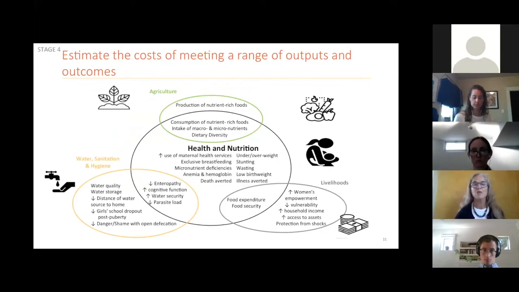For example, the model farms are intended to increase the production of nutrient-rich foods and increase the intake of micronutrient-rich foods, and ultimately increase dietary diversity. Ultimately, they would also improve nutritional status, and they may also improve household income if there's surplus agricultural commodities that are marketed, right? So there's a range of benefits from multisectoral nutrition strategies.